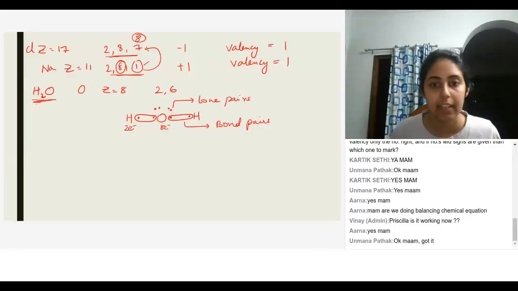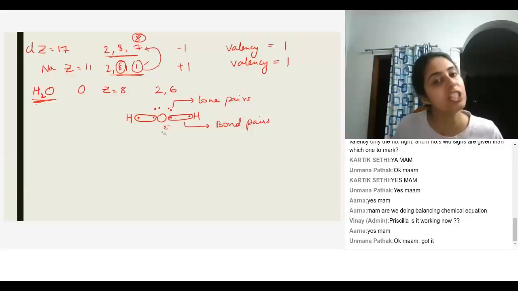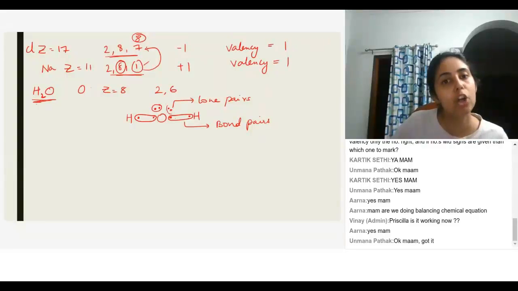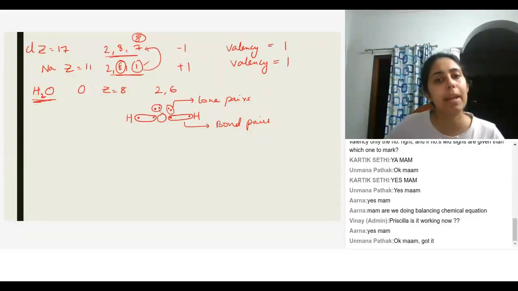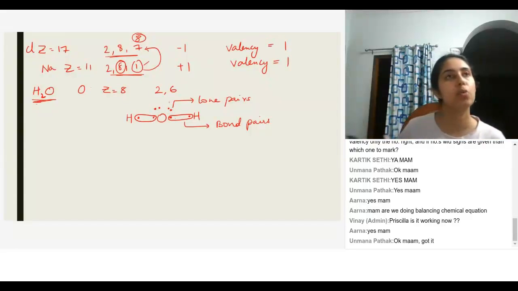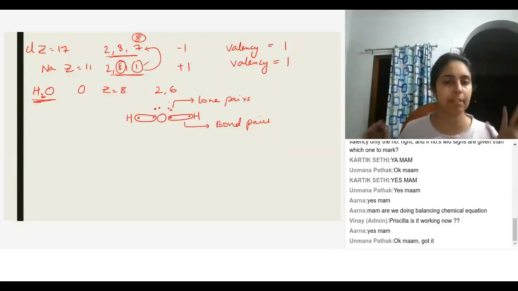All right, so we were talking about water. This is how water ends up forming covalent bonds, because oxygen is sharing electrons with hydrogen. Now the structure of water is a little different. These two pairs of electrons are called lone pairs, and lone pairs occupy more space. They want more space to themselves, so they push the other pairs away from themselves.